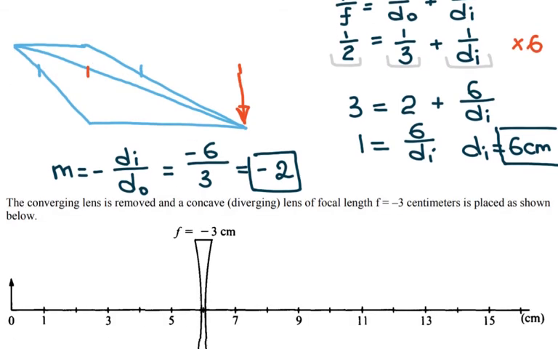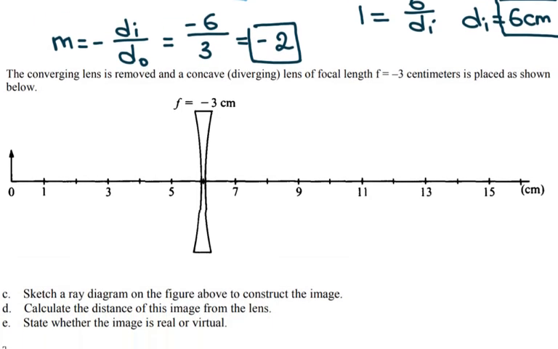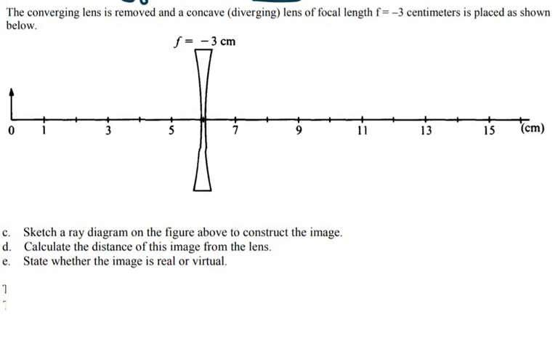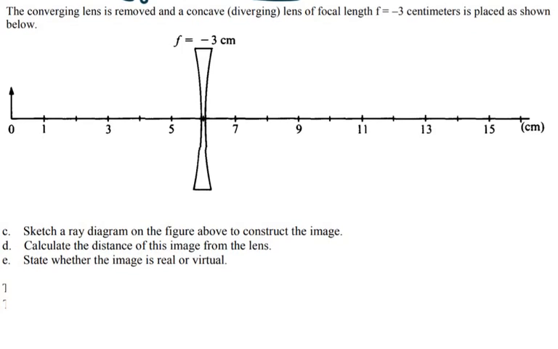For the next part, they say the convergent lens is removed and a concave divergent lens of focal length negative 3 centimeters is placed as shown in the diagram below, and then sketch the ray diagram for the figure above.